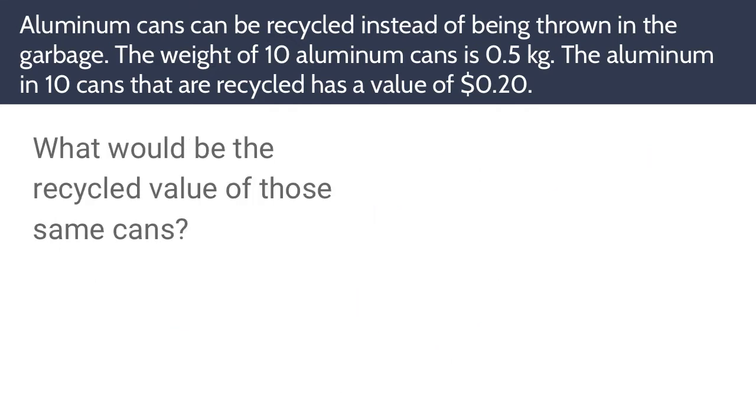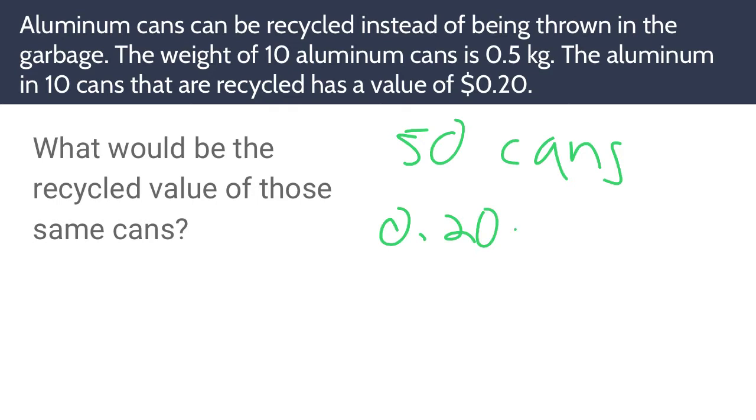What would be the recycled value of those same cans? Well, we know we have 50 cans, and we know that it's 20 cents for 10 cans. Well, we could take the 10 and make it become 1 by dividing by 10.